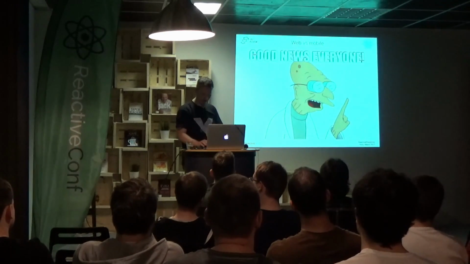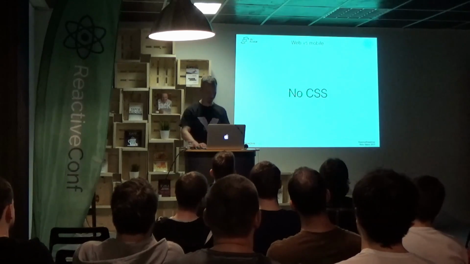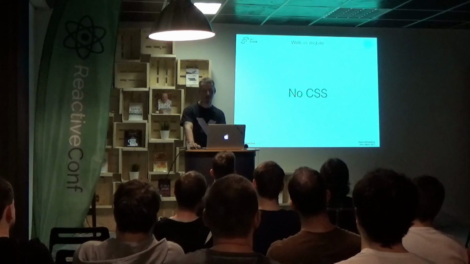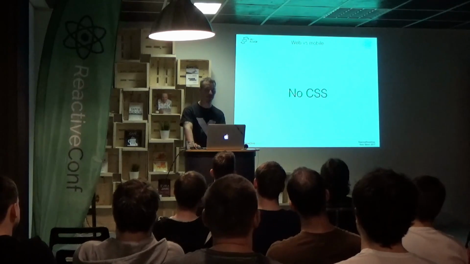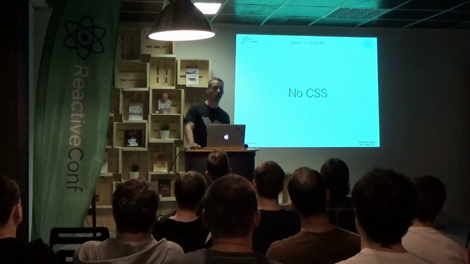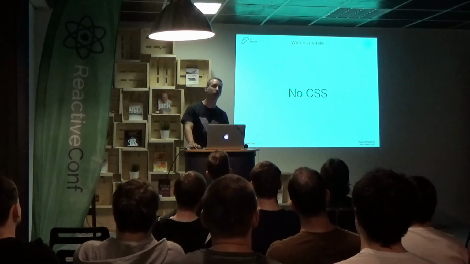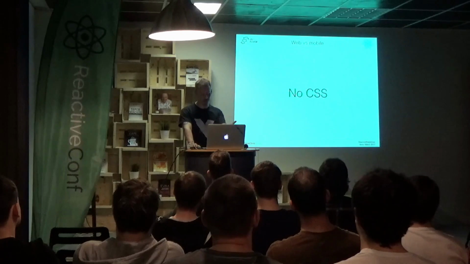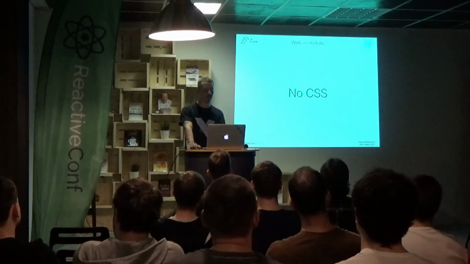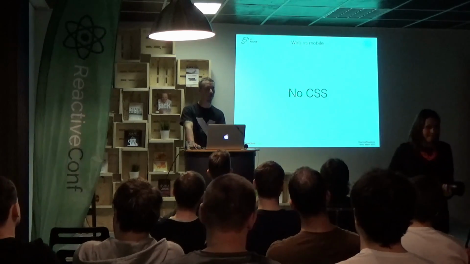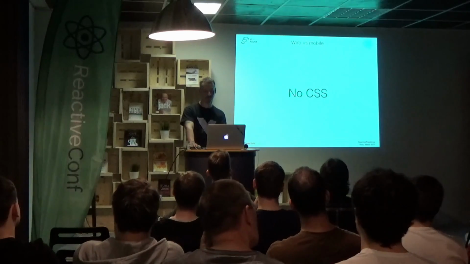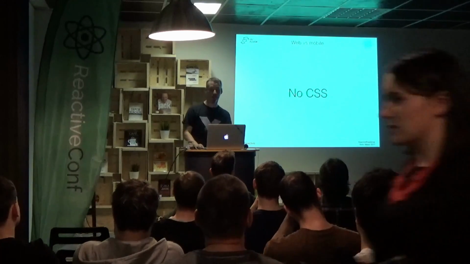Because there is no CSS there, which was a decision by the guys at Facebook. They had pretty good reasons for that. On the first JSConf, when they announced React Native, they explained their reasons for not using CSS, which does make sense.